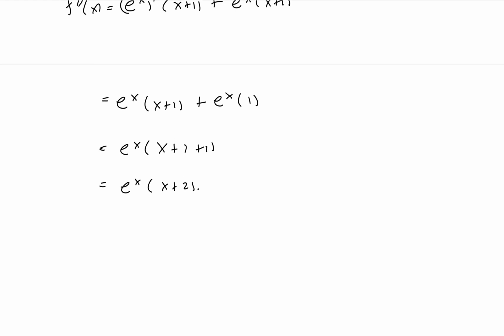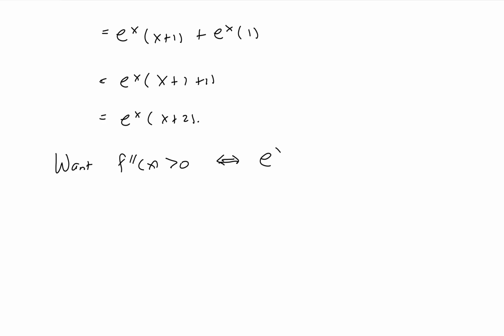And now note, for concave up, we want the second derivative to be bigger than 0, which is the same thing as e to the x times x plus 2 to be bigger than 0. Okay. So we know that e to the x is bigger than 0 for all x.